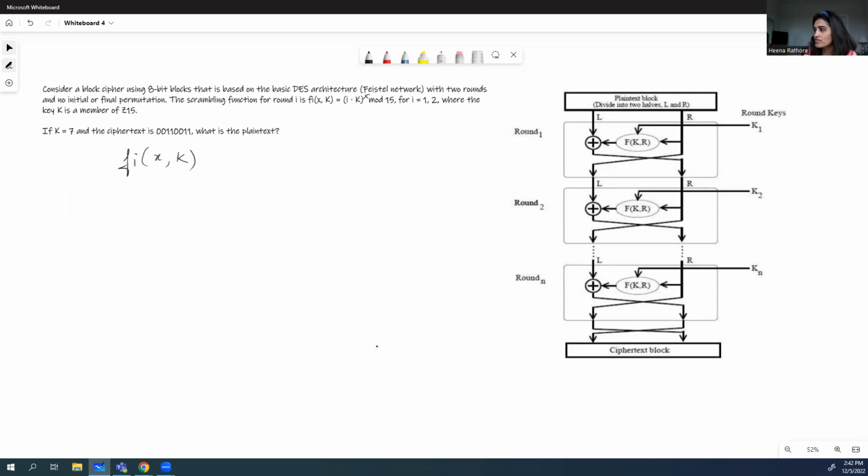If you recall, in a Feistel structure there is a plaintext which you divide into 2 parts, left and right.